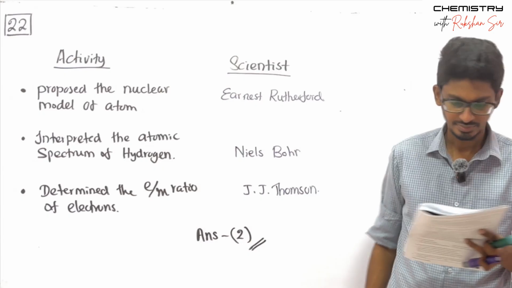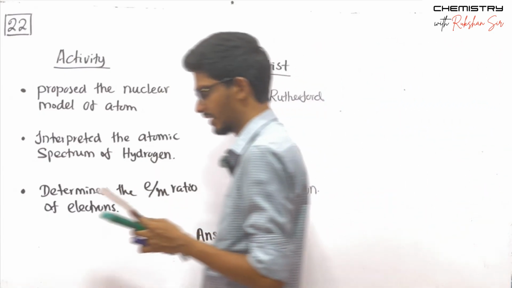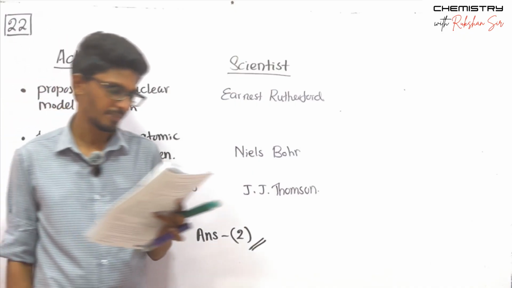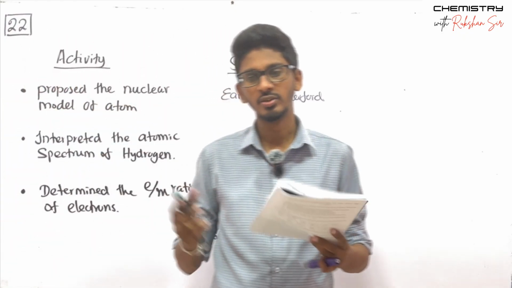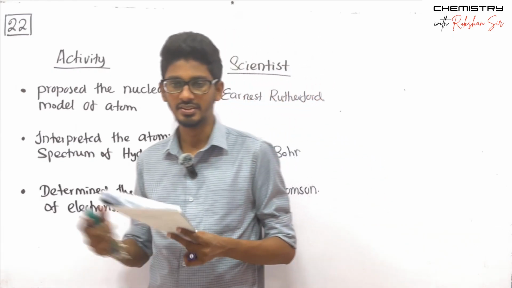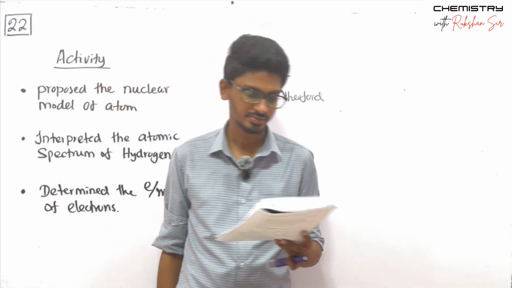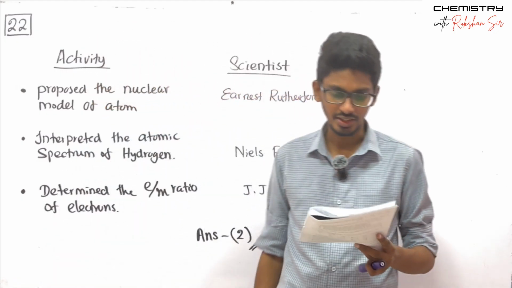Clear? If you need to know about the work the other scientists appearing here have done, Millikan is the one who found the charge of the electron by his oil drop experiment. And it comes to Faraday.